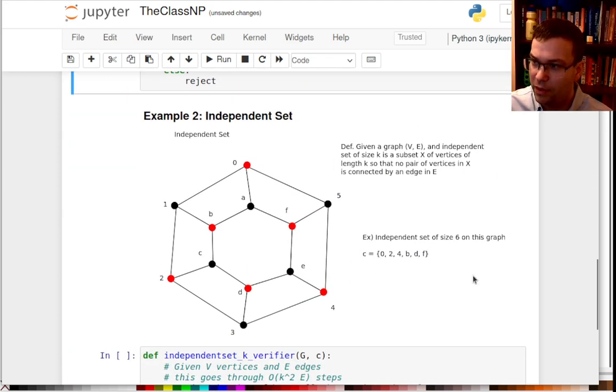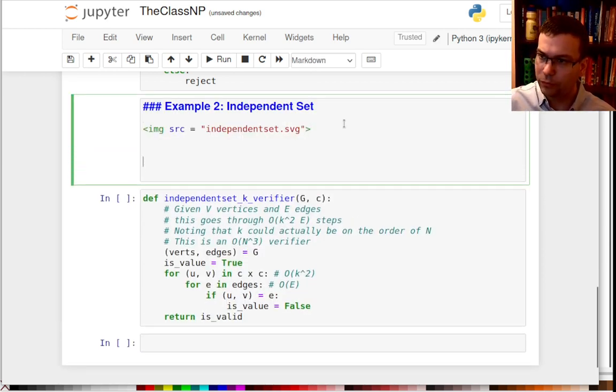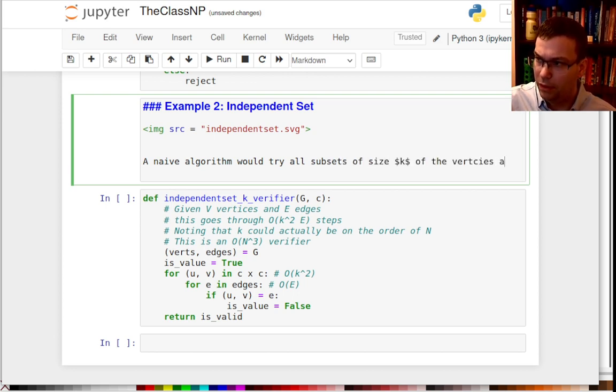Now, in this case, like I said, the size of k, the size of the independent set, could be chosen to be on the order of n. A naive algorithm would try all subsets of size k of the vertices and verify them.